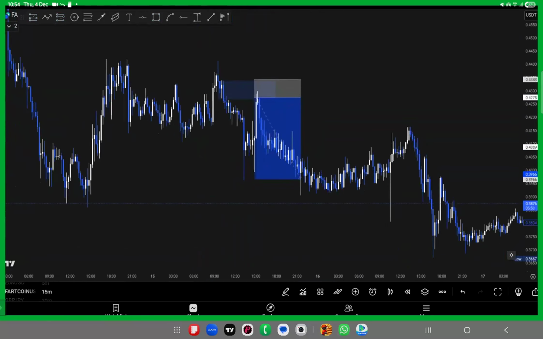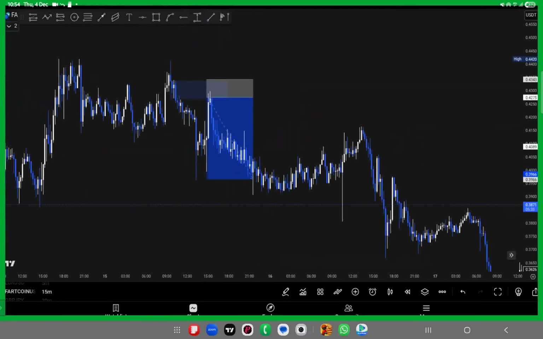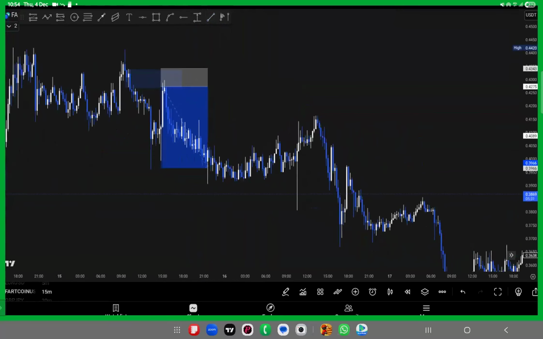So this is how you should make use of your order block. You can see by this already, it gave me a break of structure to the downside. Then over here, you can see an engulfing candlestick. It engulfed the white candle. That's your indication of the impulsive move. But this one, the impulsive move was also that sharp.